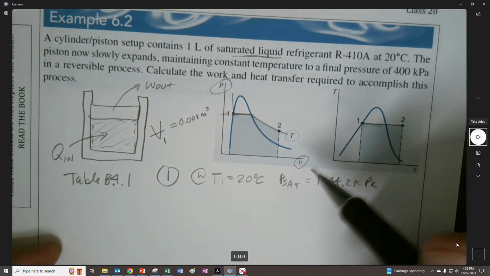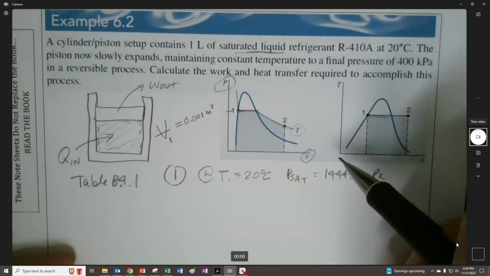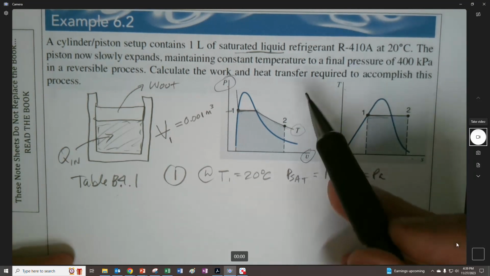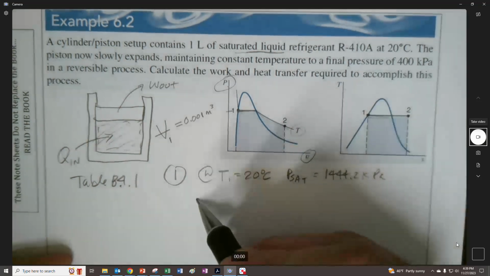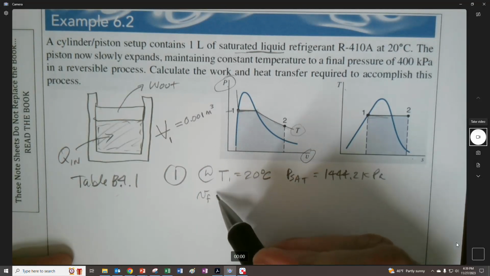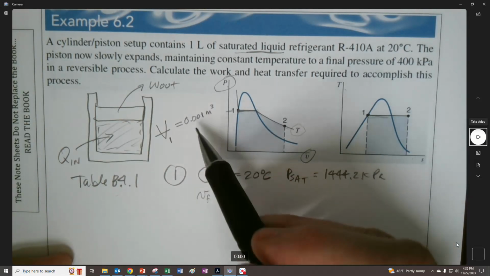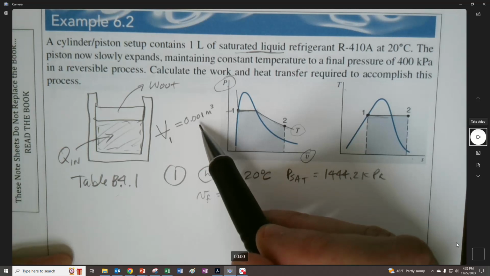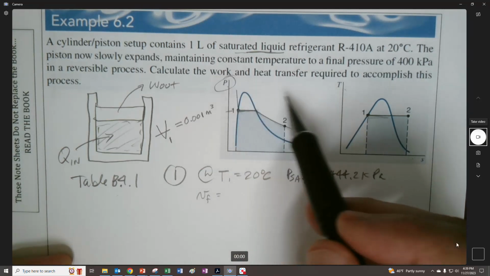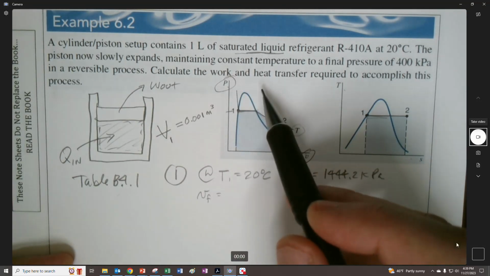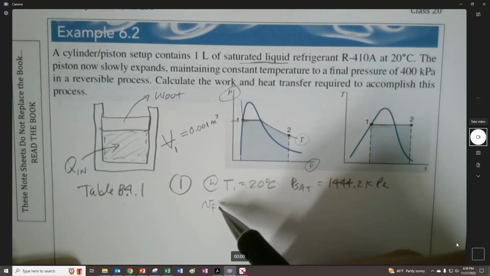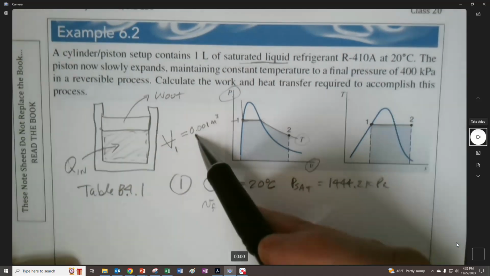As I was working through this problem, I wrote down a bunch of things, and I don't think I needed most of them. I do think I need to know the fluid specific volume, because that's going to give us the mass. It doesn't say work per mass and heat per mass. It just wants the actual work, not on a per mass basis. So we're going to want to have the mass.